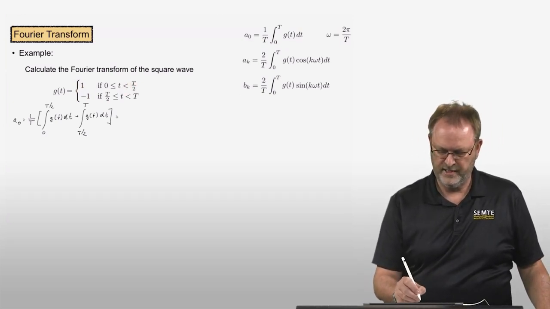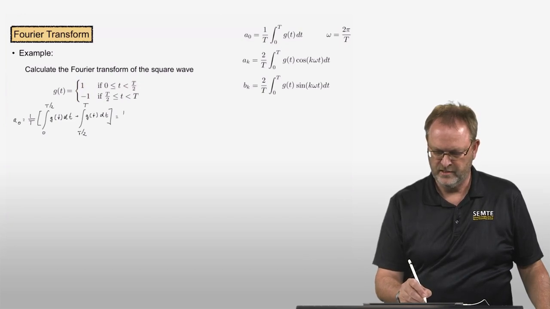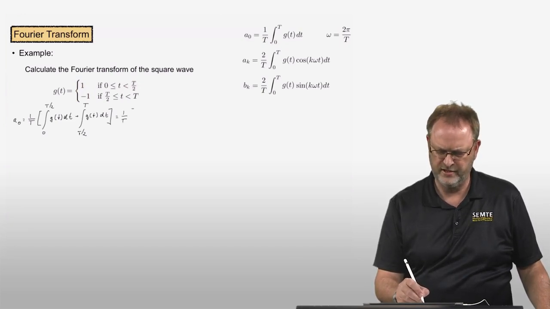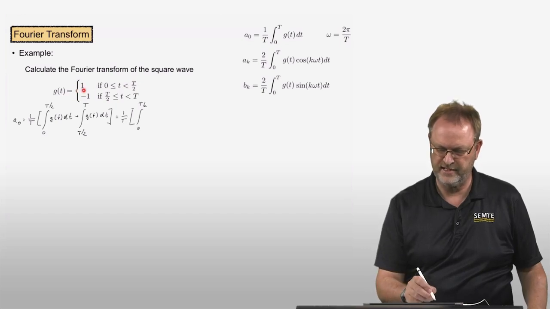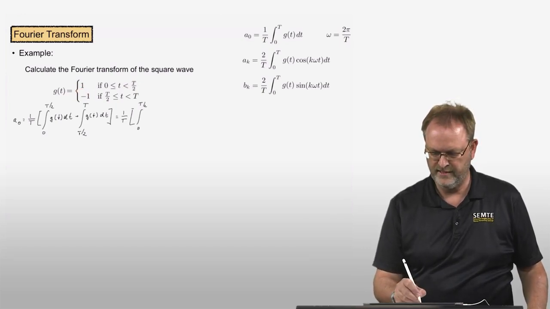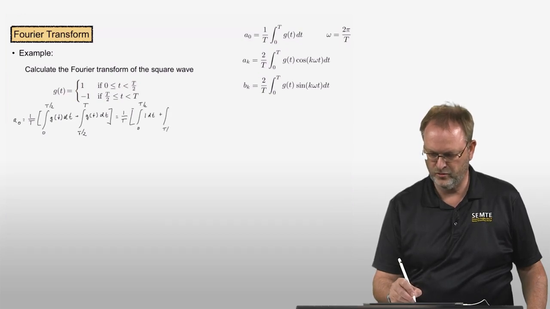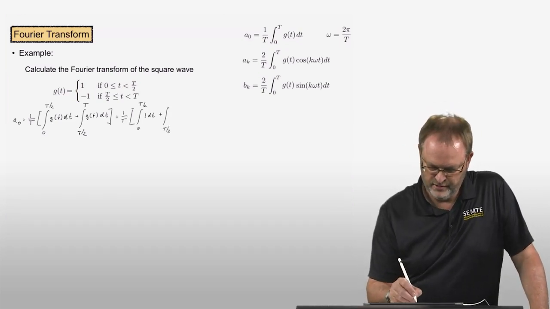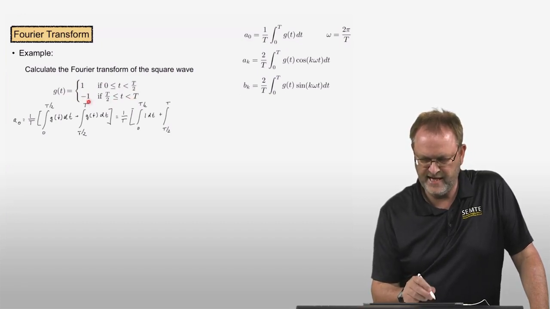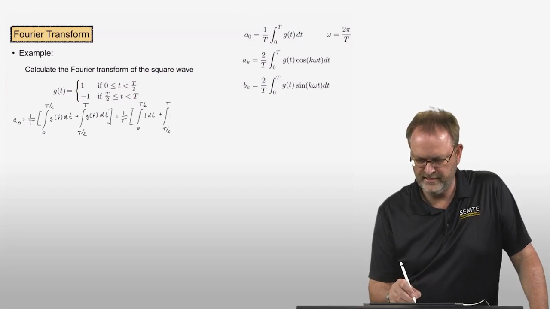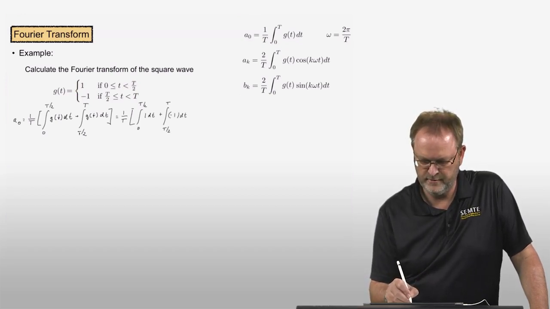So this would be 1 over T times the integral from 0 to T over 2 of g of t, which in this first part is equal to +1, so 1 dt, plus the integral from T over 2 to T, where the definition of g of t in this interval is -1, so -1 dt.